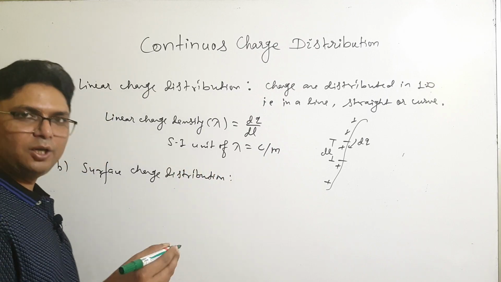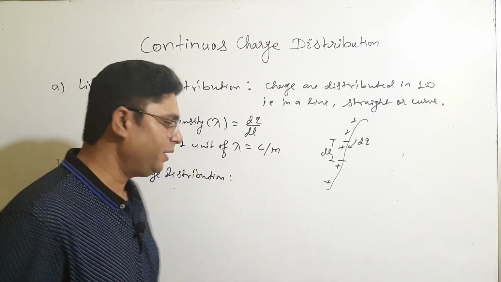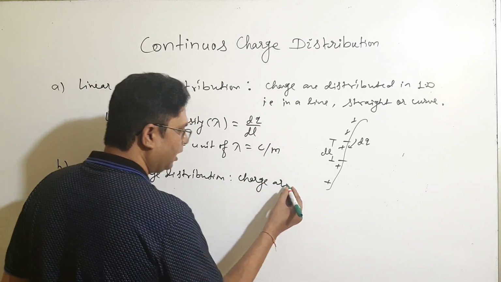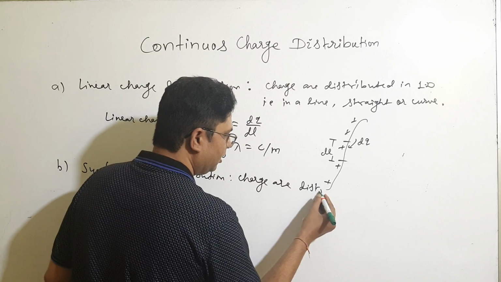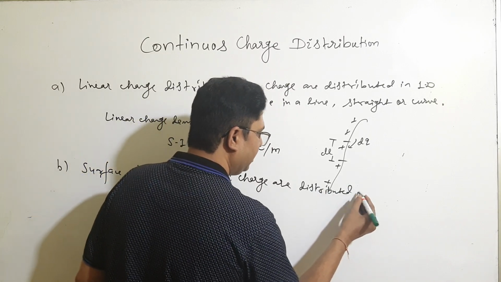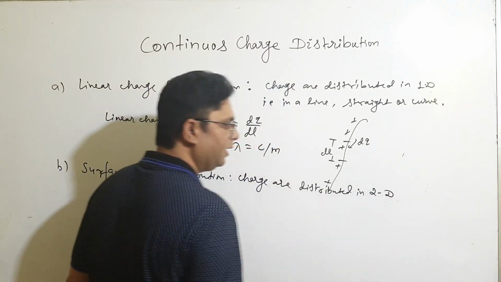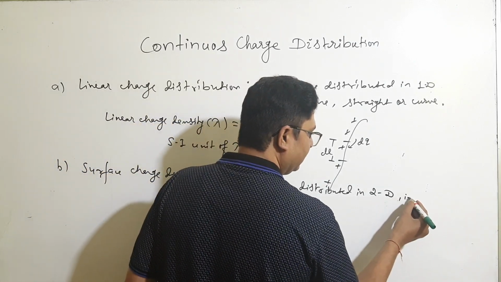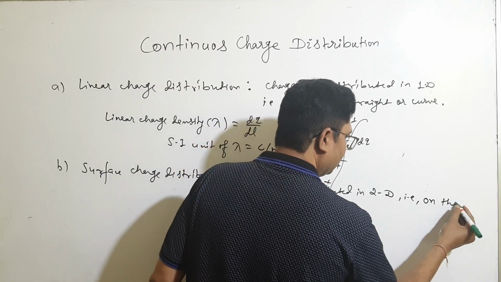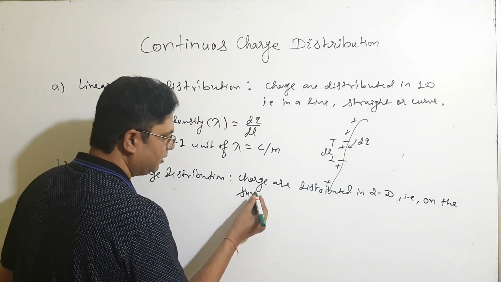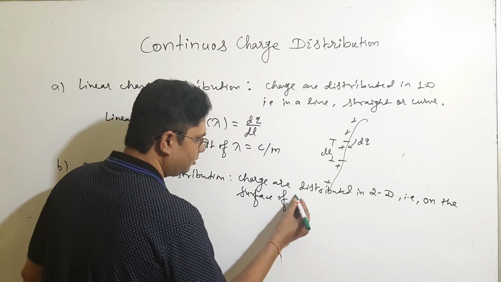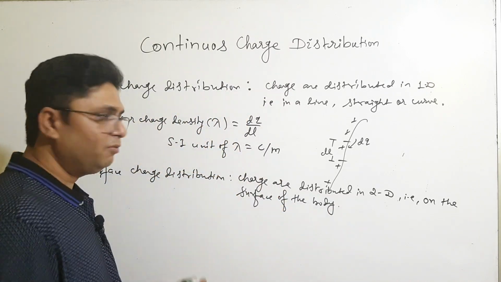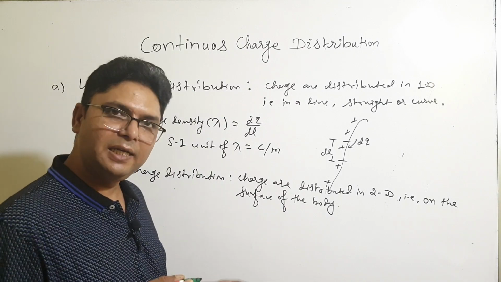Here the charges are distributed in two-dimensional geometry, that is on the surface of the body. Here there is a word known as surface charge density.